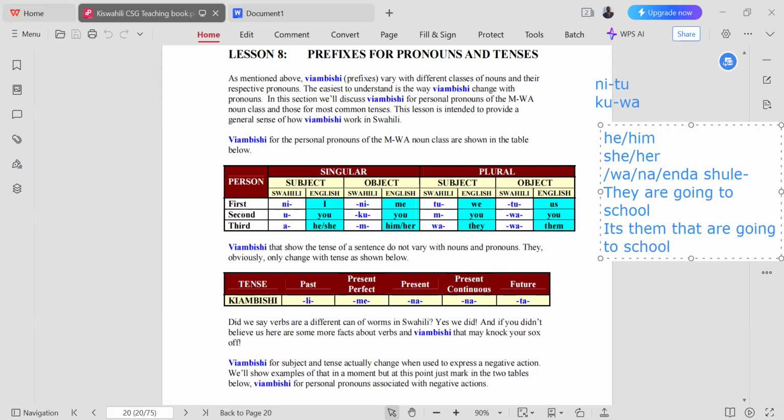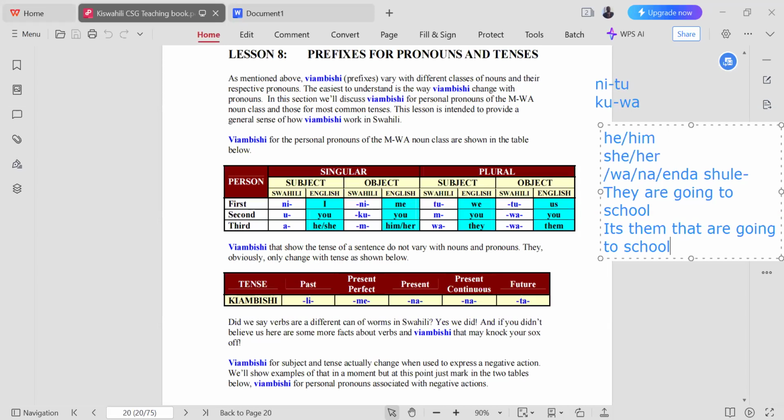Here, it is them. You're referring to an object. That is where they changes from a subject to an object. Somebody is saying they are going to school, then somebody asks who are going to school, and you say, it is them that are going to school. So here, them becomes like an object aspect.